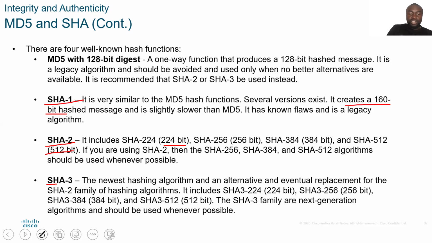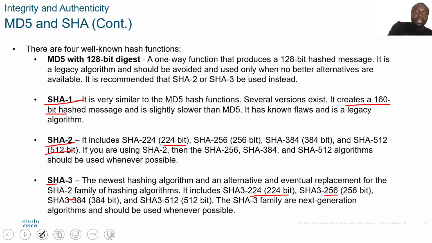But SHA-3 is the newest hashing algorithm and an alternative and eventual replacement for the SHA-2 family. What it does is it includes 224 bits, 256, and 384. So what do you observe? That the size of the bits is increasing.